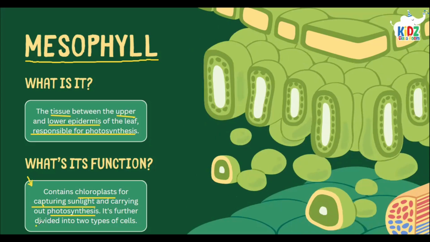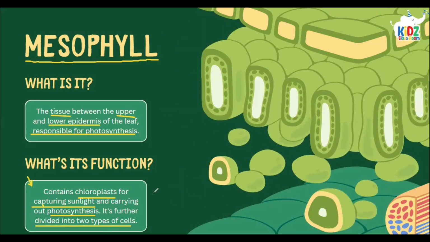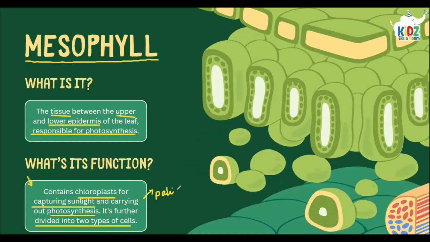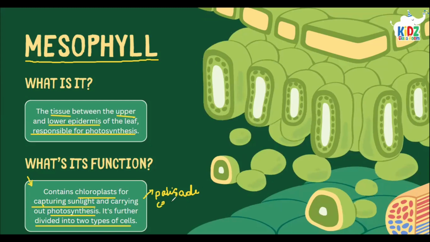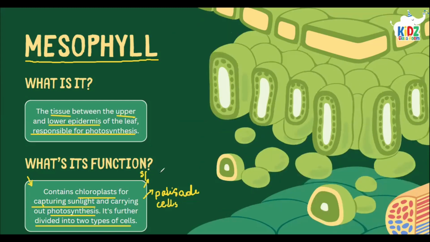And it's further divided into two types of cells. Which cells? One is palisade cells, and the other is spongy mesophyll.